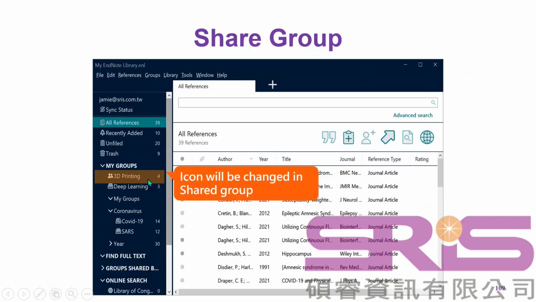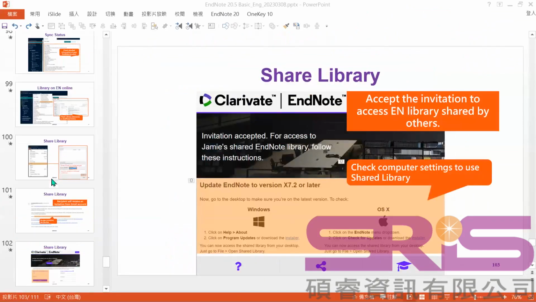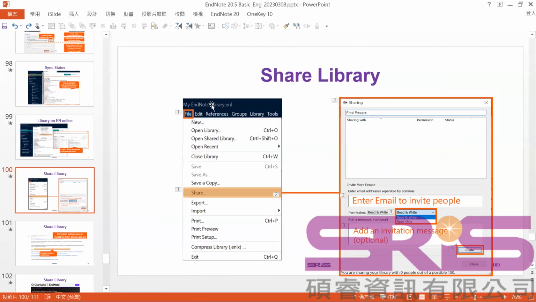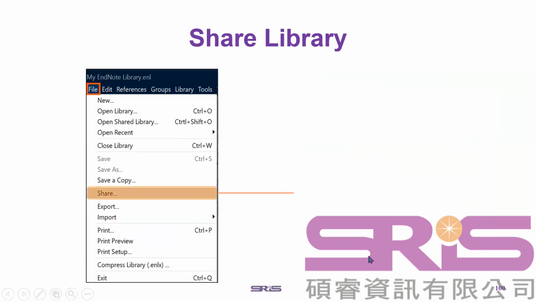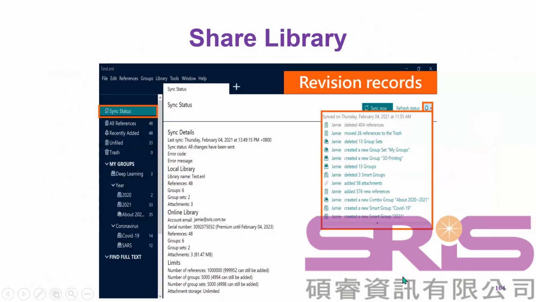Okay, here shows shared group, and also you can just share a library to others the same way, but you have to go to file and share, and the rest of the process is just the same. So I think how you share to others is up to you, but remember to change the permission if you are not so familiar with your collaborator.